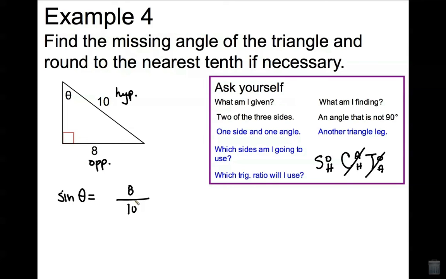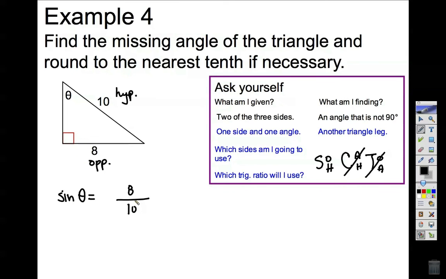All right, this is slightly different in terms of solving for the angle theta. The only way to undo a sine is to do some call this arc sine, which is sine to the power of -1. Again, some call it arc sine, some call it inverse sine.